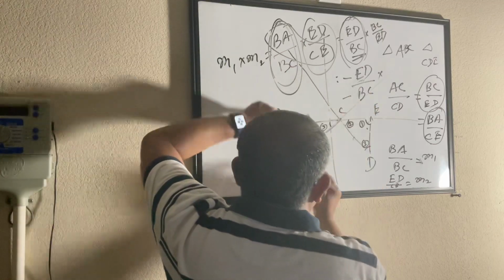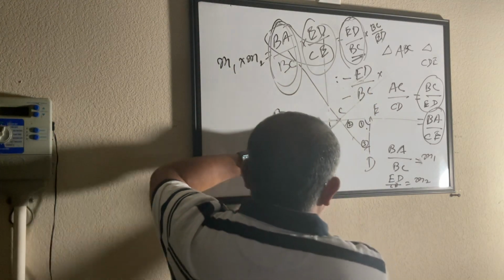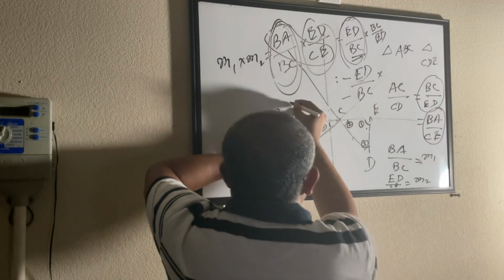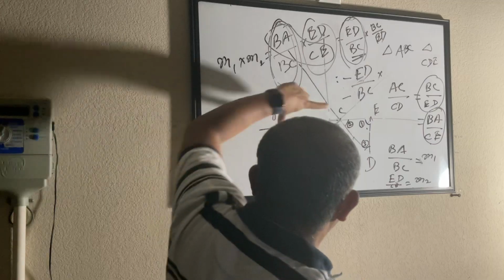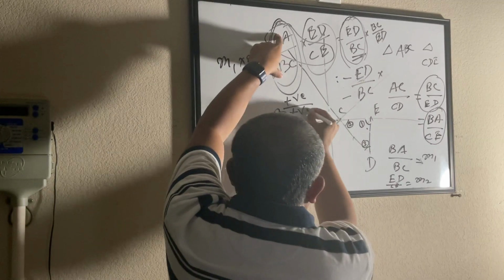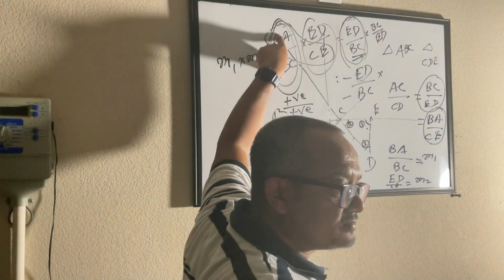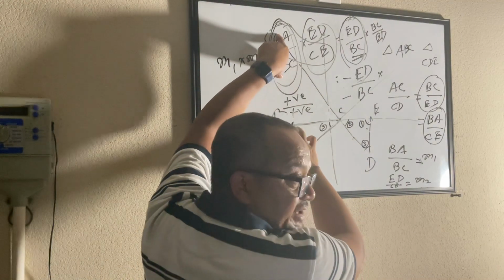This is going positive, so here your BA is also increasing, from negative it's going to positive. So this is a positive value, and BC is also positive. Here your x is increasing, y is also increasing.